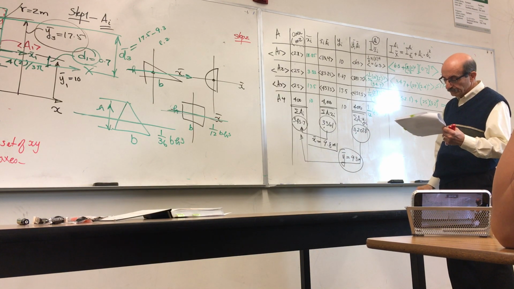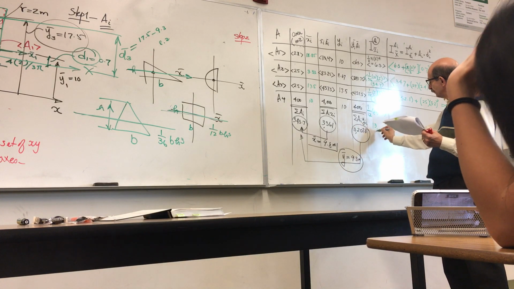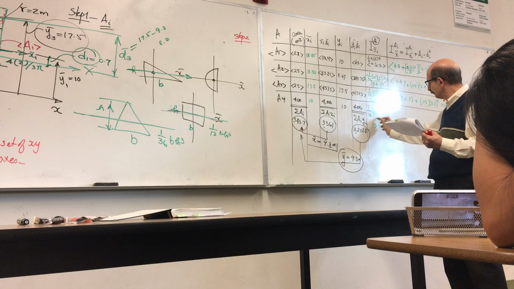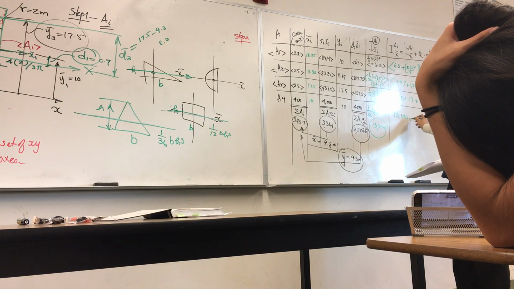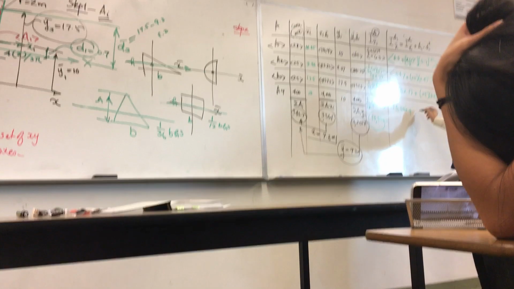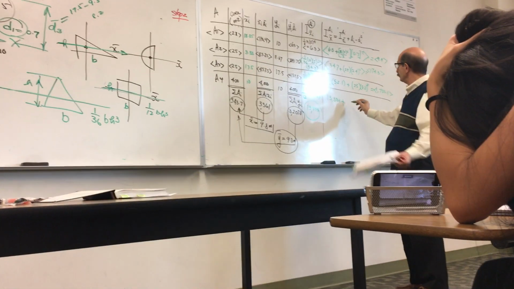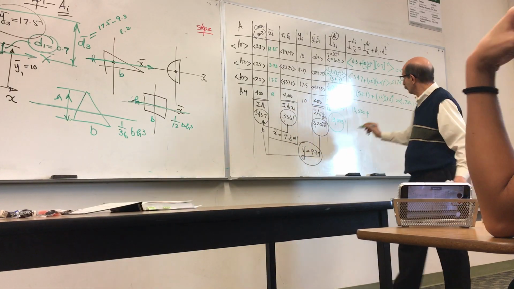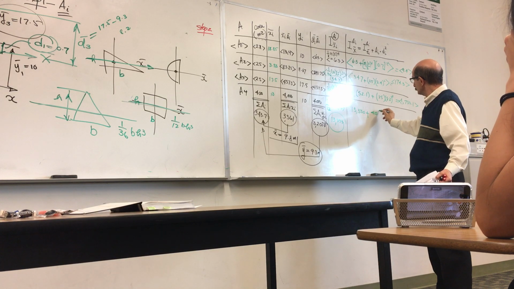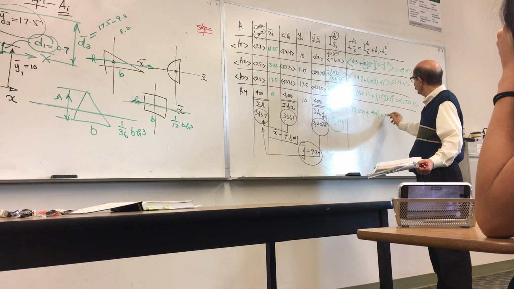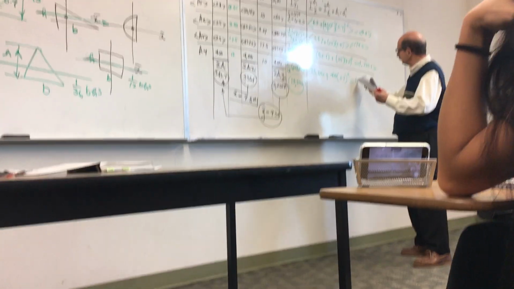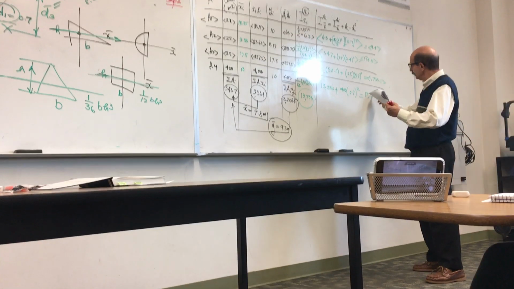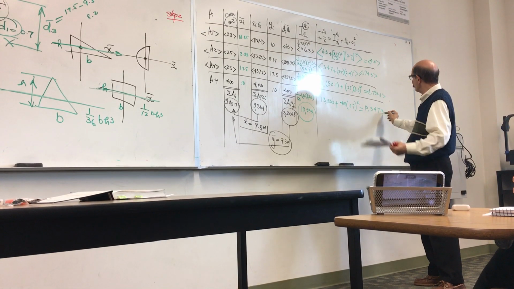So that would be 13,333, plus the area, which is given, 400 times 0.7 squared, and that comes out to be 13,347.3.